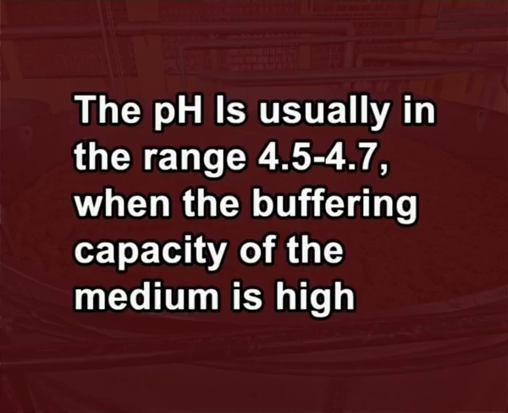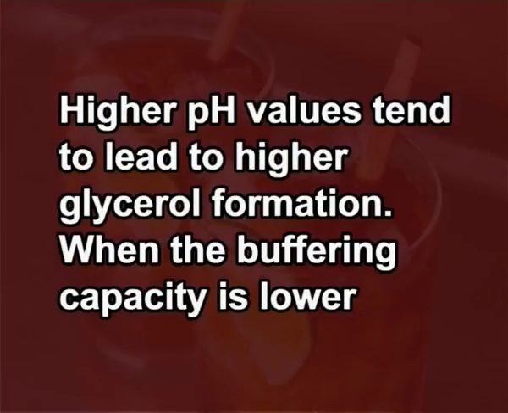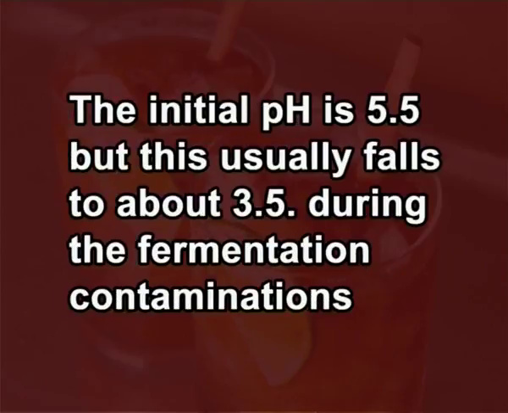The pH is usually in the range of 4.5 to 4.7 when the buffering capacity of the medium is high. Higher pH values tend to lead to higher glycerol formation. When the buffering capacity is lower, the initial pH is 5.5, but this usually falls to about 3.5.